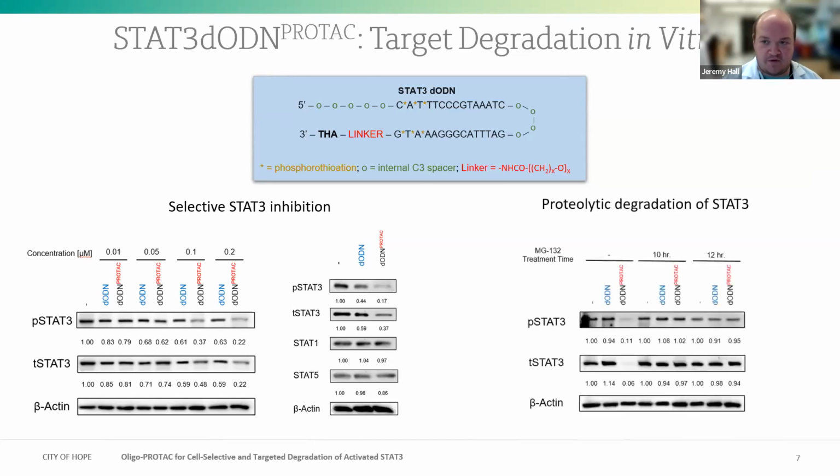And then furthermore, probably one of the more important parts in showing this mechanism, we were able to show that concurrent treatment with the proteasome inhibitor, MG132, essentially eliminated the ability of the PROTAC to reduce STAT3 levels. So obviously this indicated that this was proteasome dependent and indicative of proteolytic degradation.